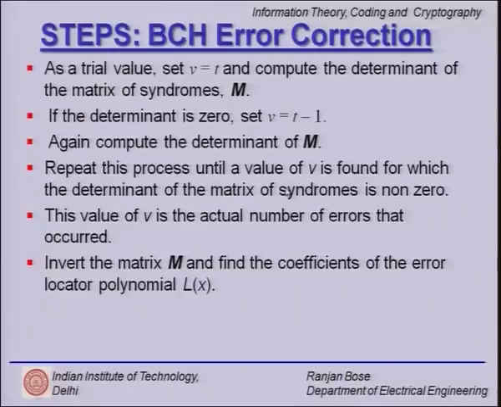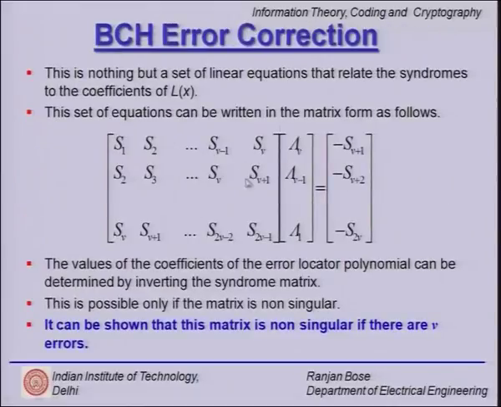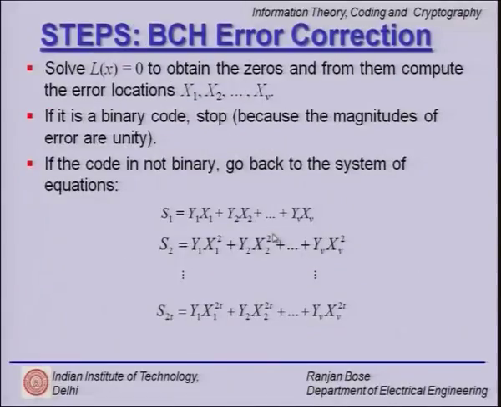Now, you have to find out where the errors have happened and what is the magnitude of the error. So, now it is nothing but solving this set of equations in terms of the matrix. So, we solve the location polynomial, and if it is a binary code, once you have found the locations of the error, you stop because it is either a 1 or a 0.